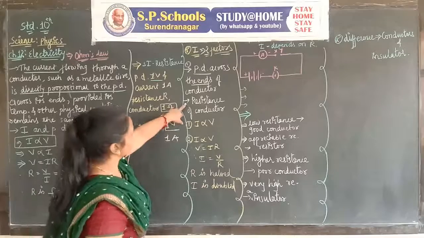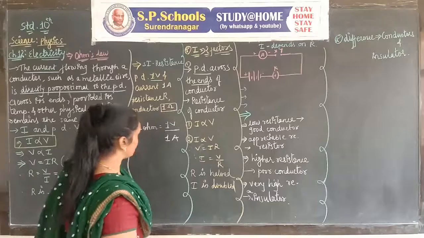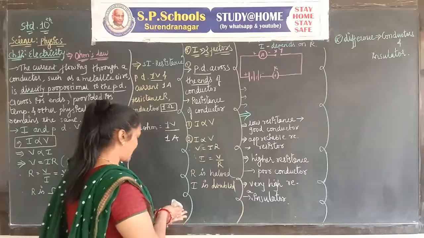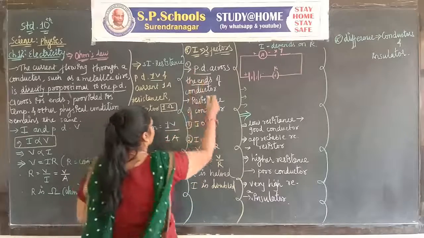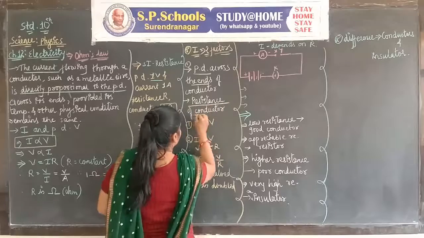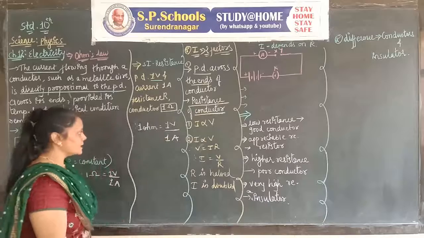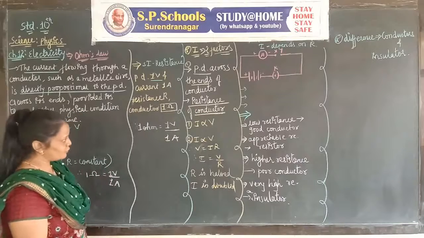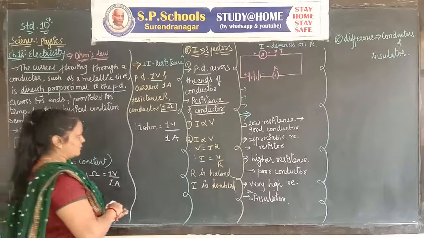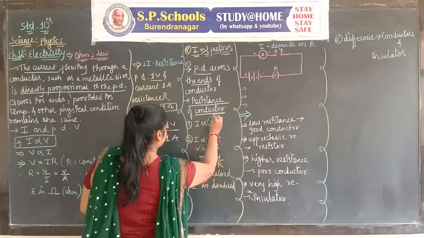So I is dependent on the resistance of a conductor. So electric current in the conductor is dependent on two factors, potential difference and resistance.